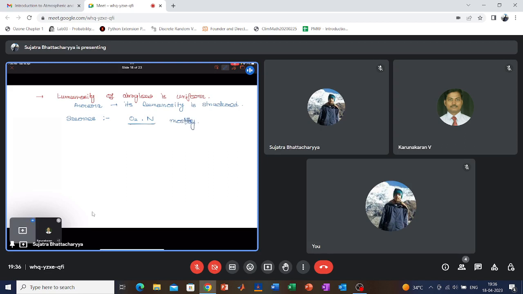Which of these constituents is helpful in giving the particular colors? For that I just write two expressions, and these are the energy states. Just draw it.